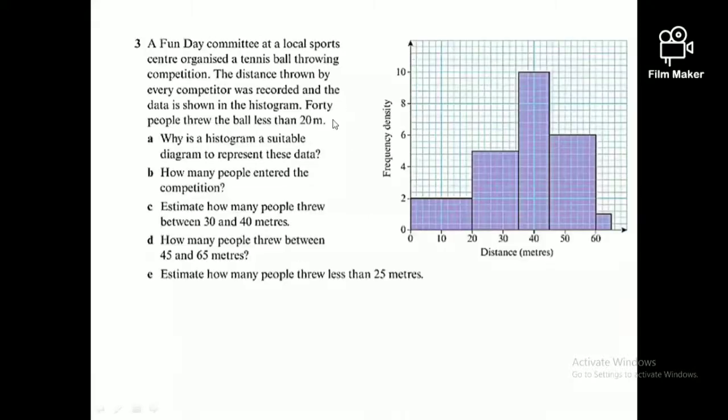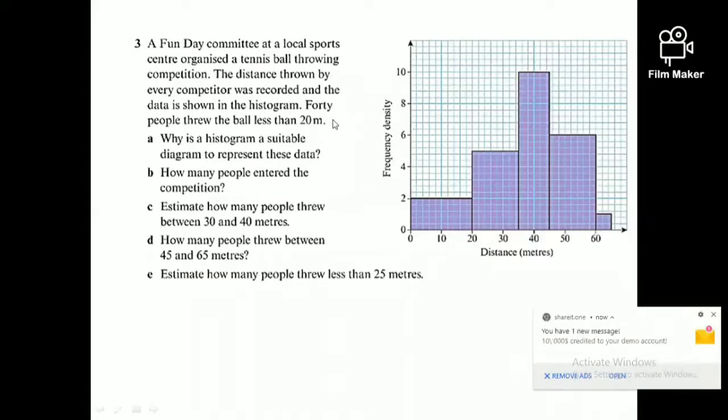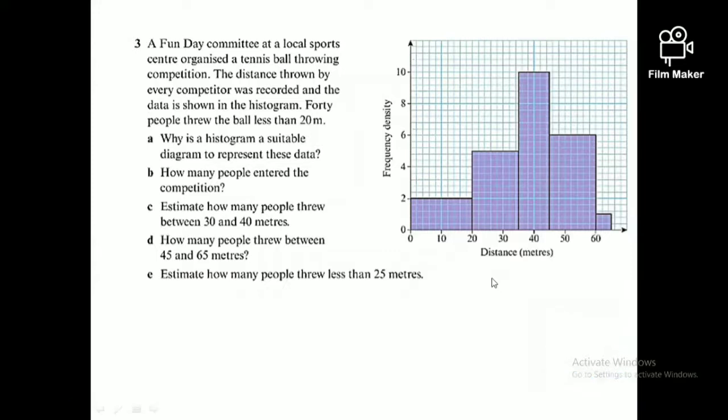In this question, a fun day committee at a local sports center organized a tennis ball throwing competition. The distance thrown by every competitor has been recorded, and the data is shown in the histogram. 40 people threw the ball less than 20 meters.